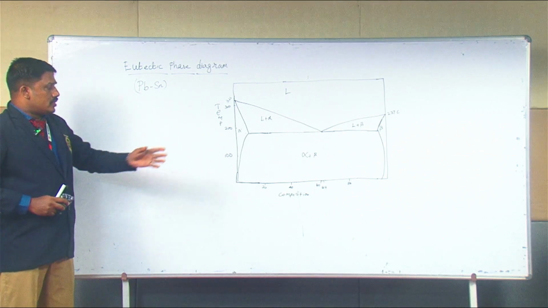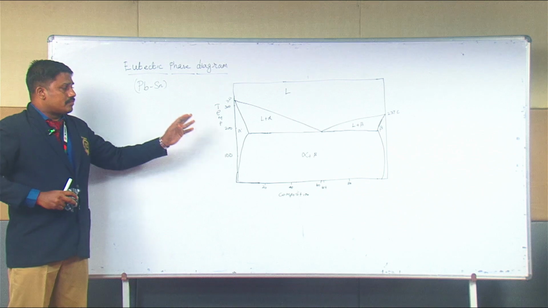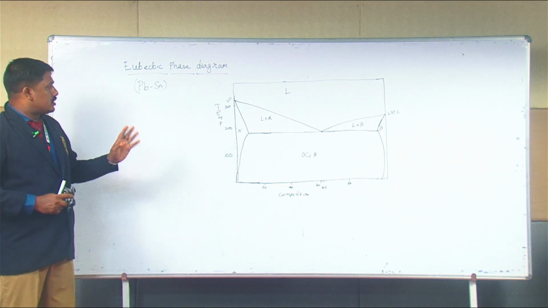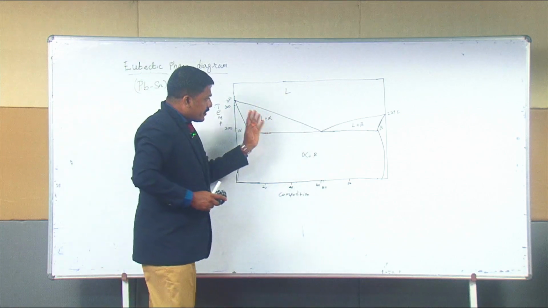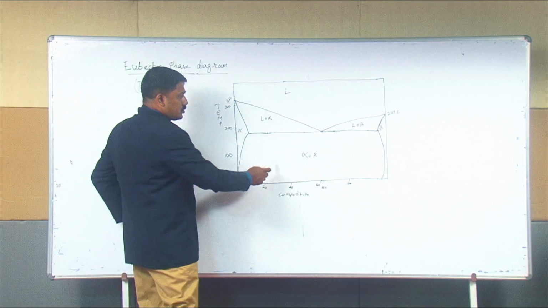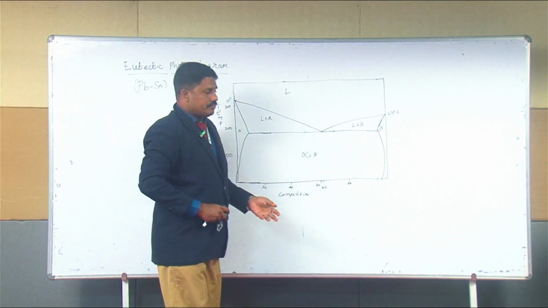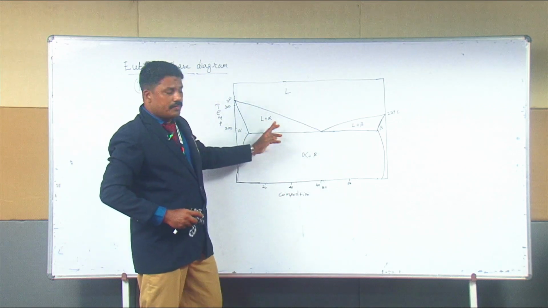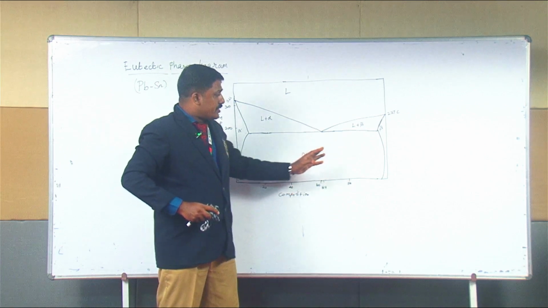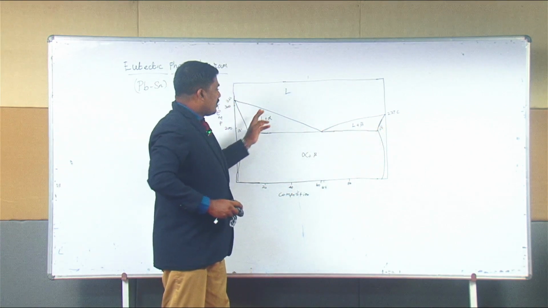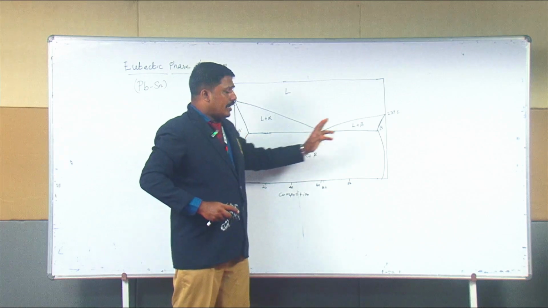So in solid state, the lead is maximum rich in solid state. Okay. So therefore, this phase diagram has three two-phase regions, such as L plus alpha, L plus beta, and alpha plus beta. Okay. And then three single phase regions: L, alpha, and beta.